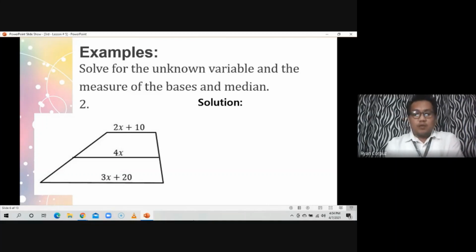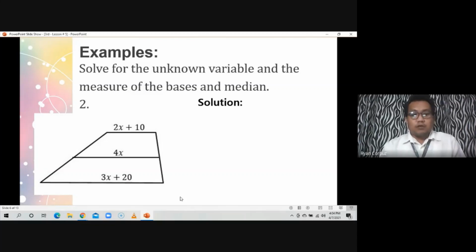Because as you can see in the given trapezoid, the measure of the bases and the median involves a variable. So we have to find first the value of that variable before we find the exact measure of the bases, as well as the median of that given trapezoid.